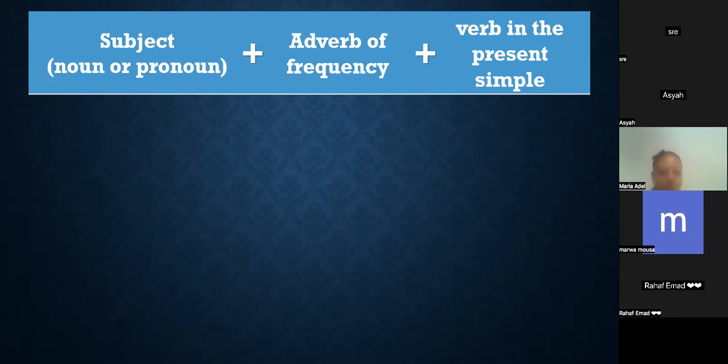What is the meaning of that? The verb is in the infinitive with I, you, we, they and any plural noun, and with s or es or ies if it comes with he, she, it, or any singular noun. So this is how we write the sentence: the adverb of frequency after the subject and before the verb.